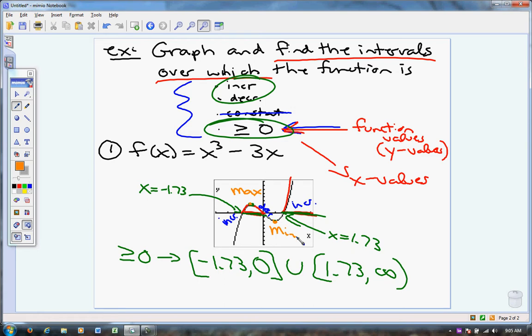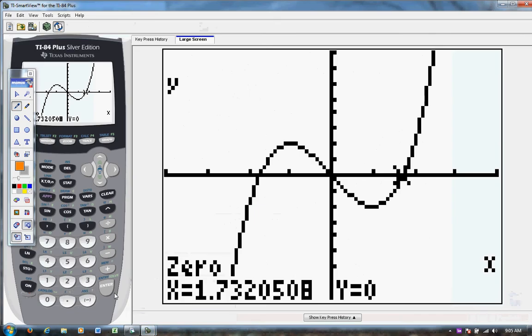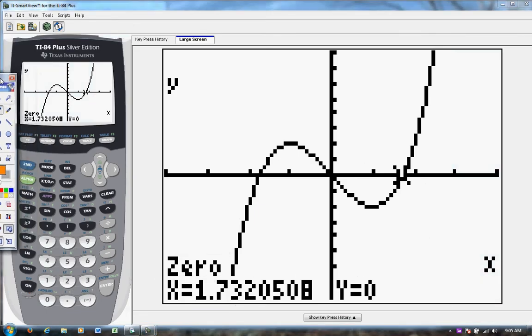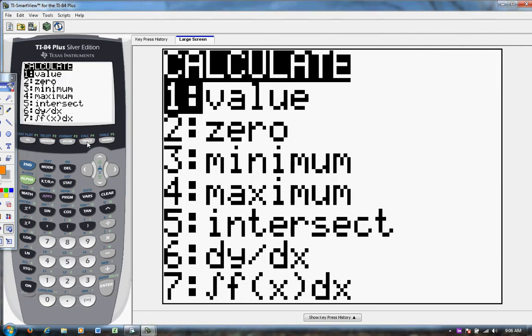All right? So let's go back to the graphing calculator. And let's calculate those. This is something we have not done yet this year, so watch carefully. We're going to go to second trace again and look at what 3 and 4 are, minimum and maximum. So let's do the maximum first, number 4.